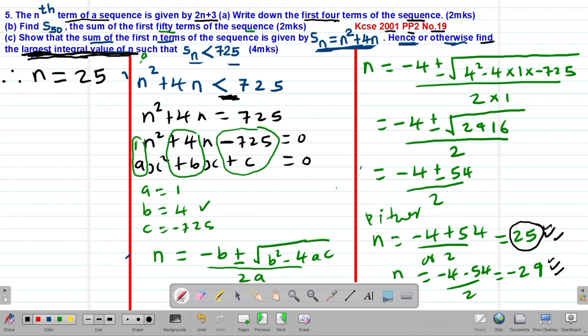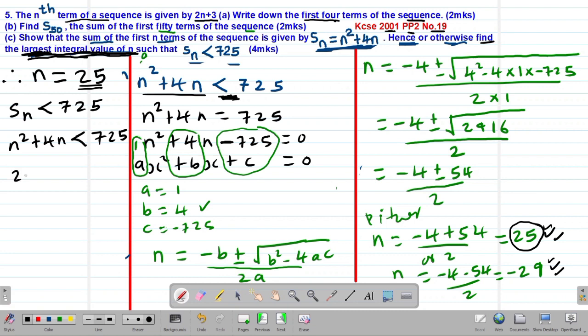So we are asked to give the largest value of n such that Sn will actually be greater than 725. Remember, we had this particular equation here. We had n squared plus 4n being less than 725. So we have solved this equation and we found that the value of n is 25.